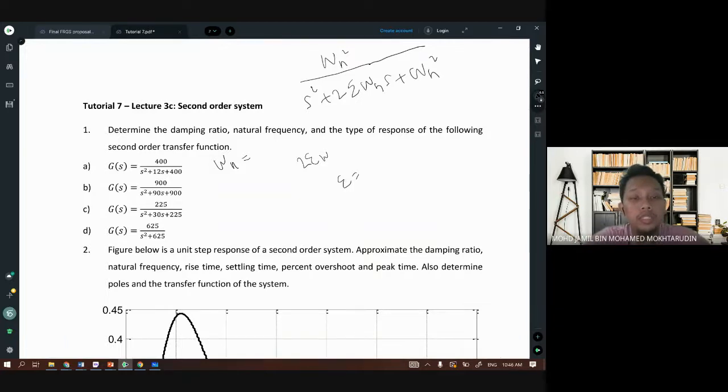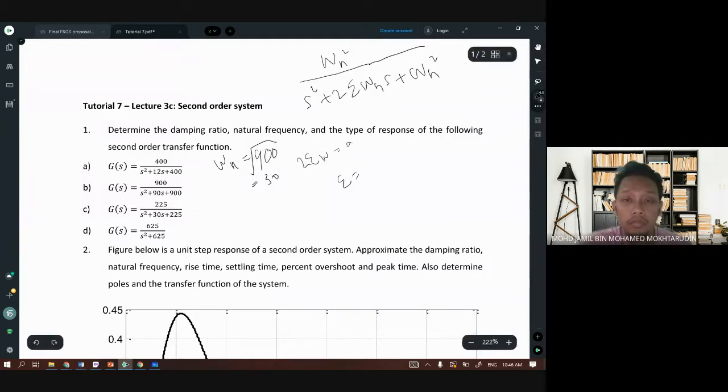Okay, question B. So omega n squared is 900. Okay, so omega n will be square root of 900. So equals 30. Okay? And then damping ratio. So 2 times damping ratio omega n equals 90.